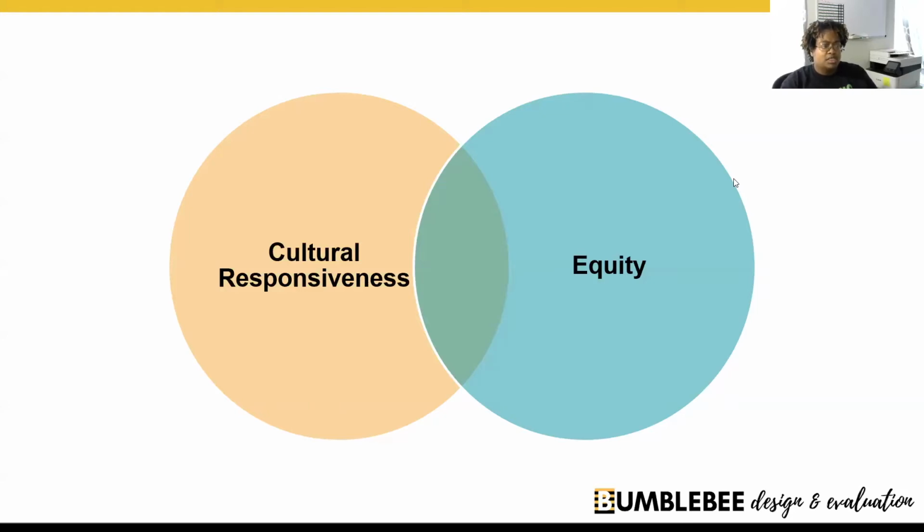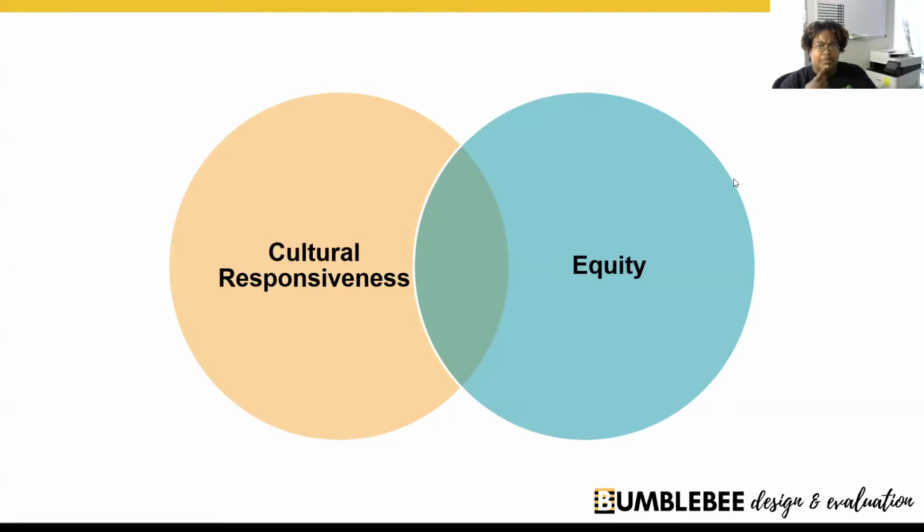An equity lens is attuned to ensuring that the evaluation process and outcomes purposely promote equity. So if we're in a community, for example, where there are concerns and issues related to immigration and how that's enforced, part of our lens is thinking about, is what I'm doing promoting inequity?